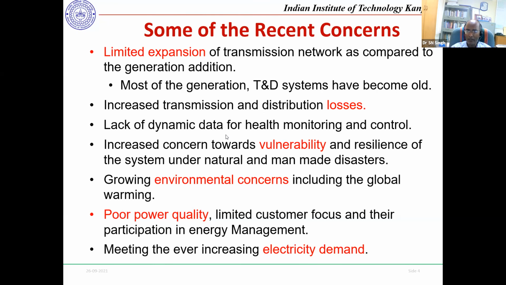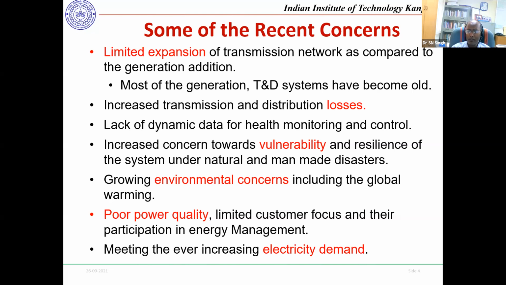Lack of dynamic data means many of the transformers are burning. Many times, as you know, people say this transformer burning is very common in the distribution sector, not in the transmission system, because the transmission system is always designed, we know its capacity, and we always have a margin. But in the distribution system, we connect 1 kilowatt and people take 5 kilowatt loads.